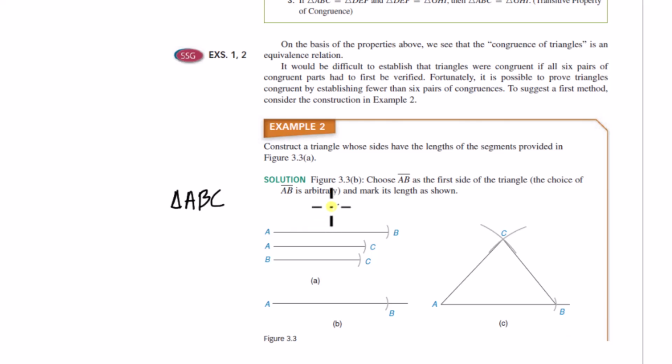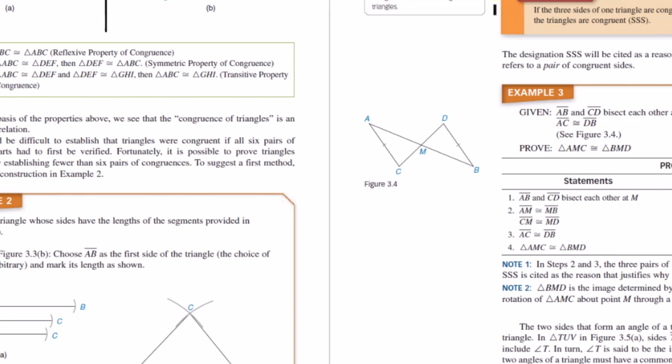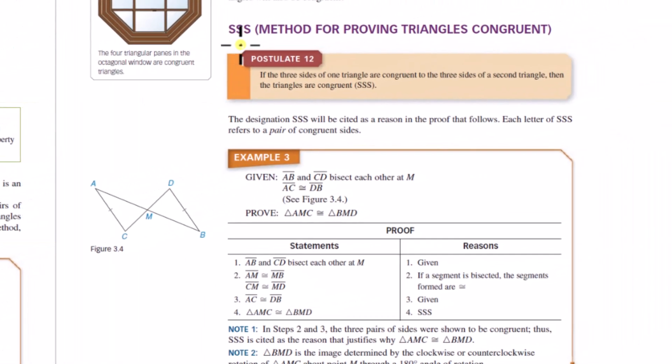Okay, and so with an experiment like that, what we do is we state this postulate here, which is a postulate that we use with the side method for proving congruence of triangles.